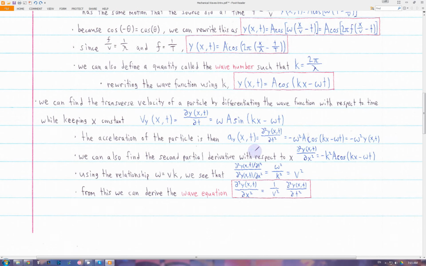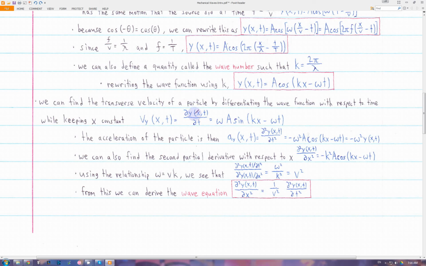So now let's look at the motions of the particles themselves, not the whole wave. So we just found an equation for the displacement from equilibrium of a single particle in the wave. So from that, if we just differentiate that, we can find the velocity of that particle.